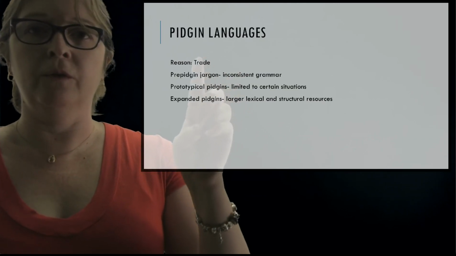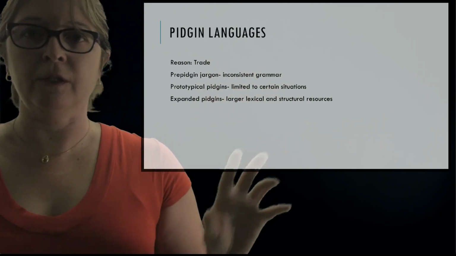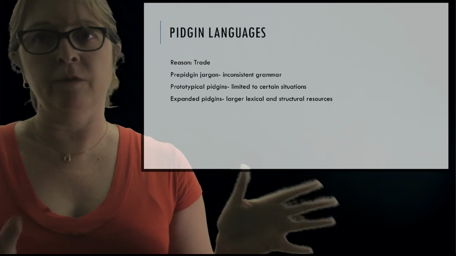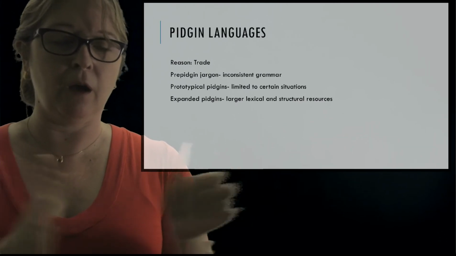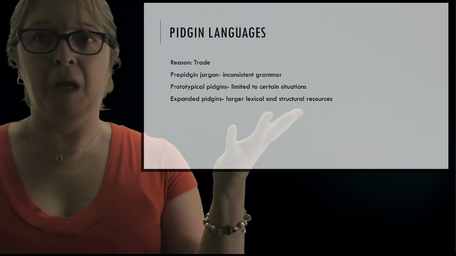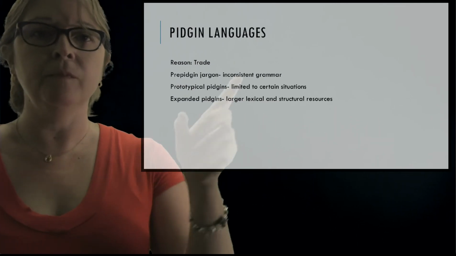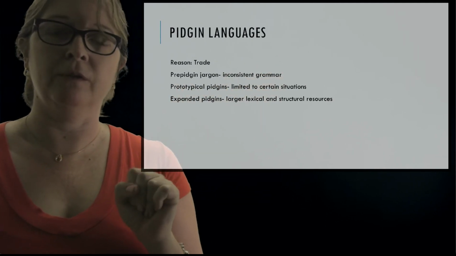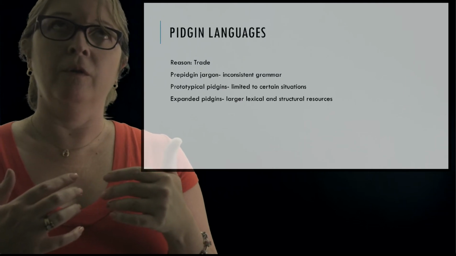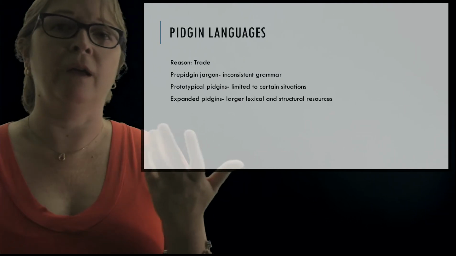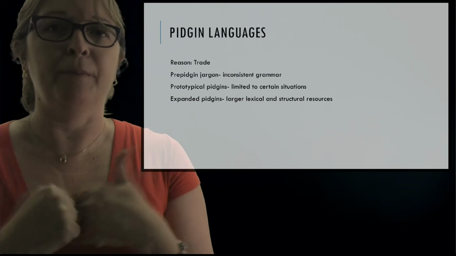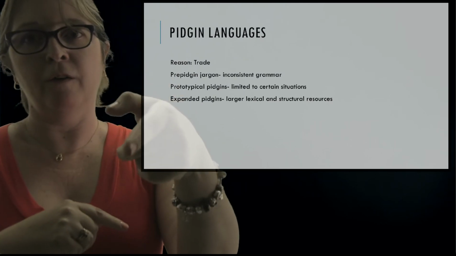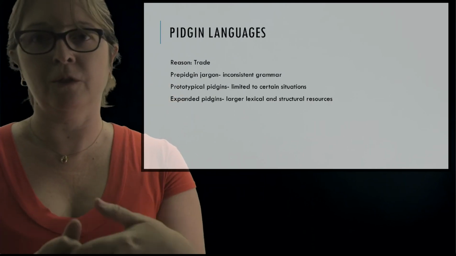So you have trade, people need to trade. Let's start with pre-pidgin jargon. Inconsistent grammar, we have to start somewhere, so let's find a common word for banana, right? Then you go to prototypical pidgins. Banana, need, you have, right? So it's limited to certain situations.